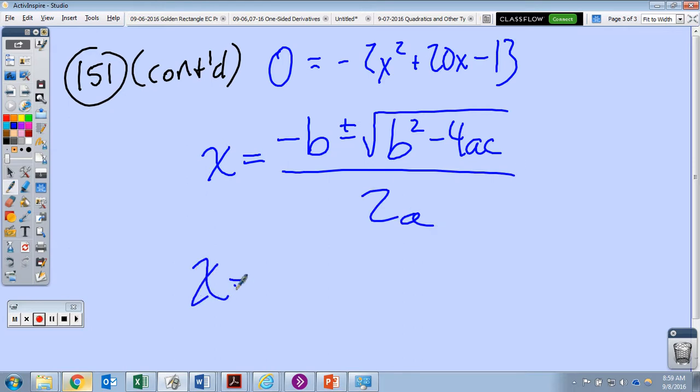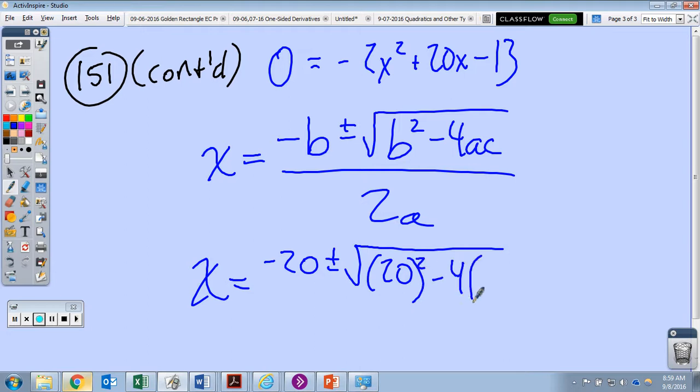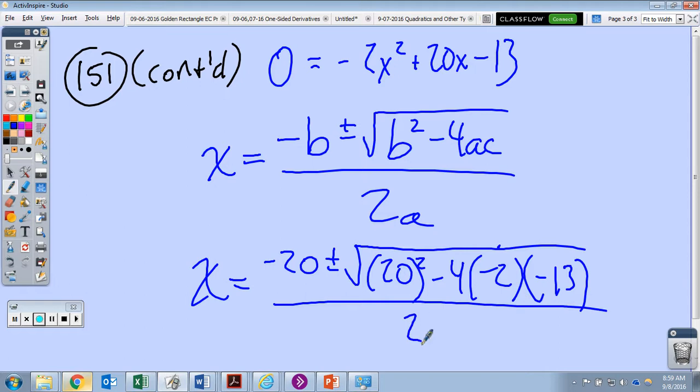So x is equal to negative 20 plus or minus the square root of, sorry to stand right in the way, 20 squared minus 4 times negative 2 times c of negative 13 all over 2 times negative 2. Not a bad idea to convert all this to addition. Like maybe make this plus negative 13 if it makes it more clear to know that c is negative 13, not positive 13.